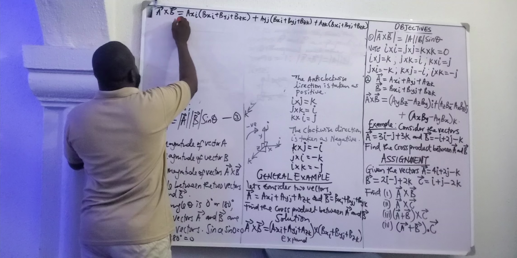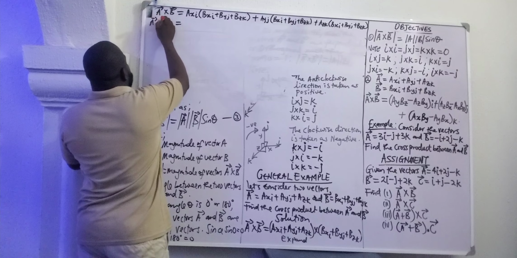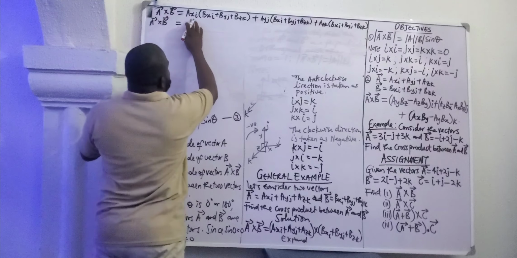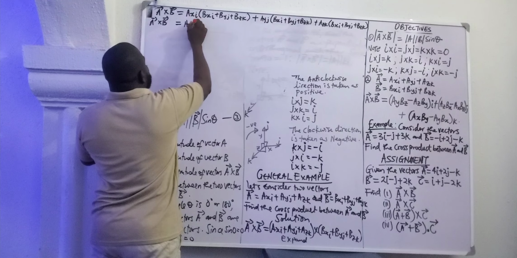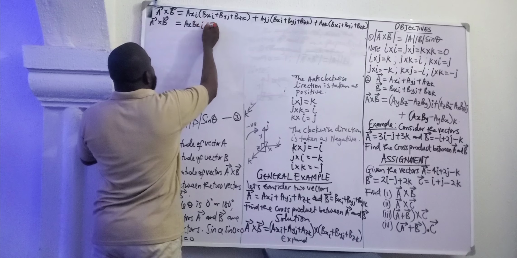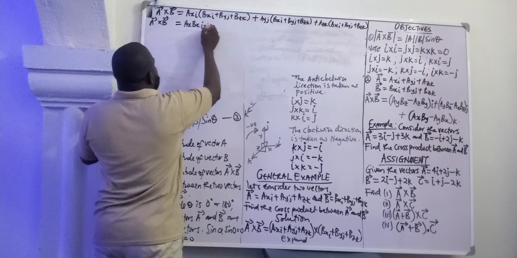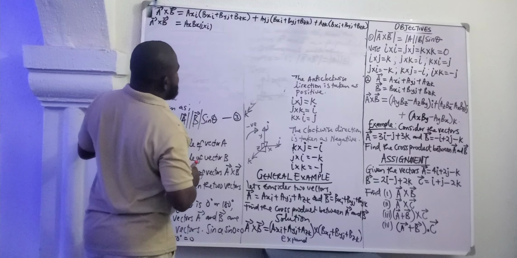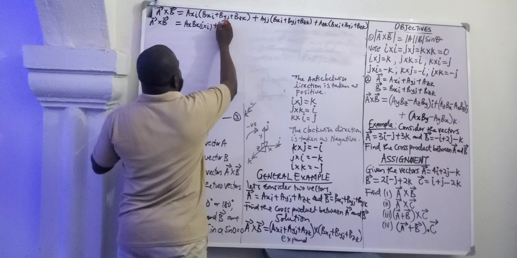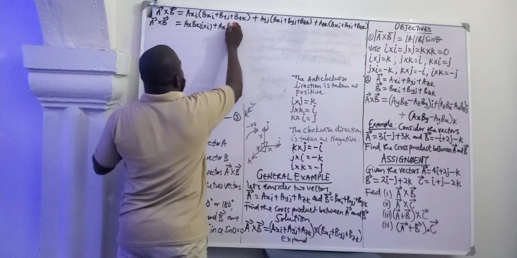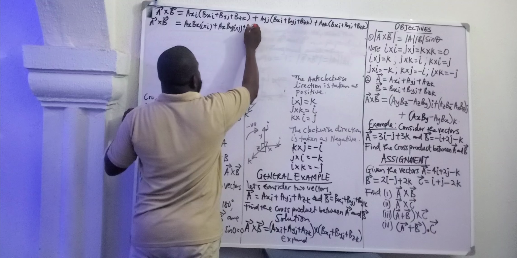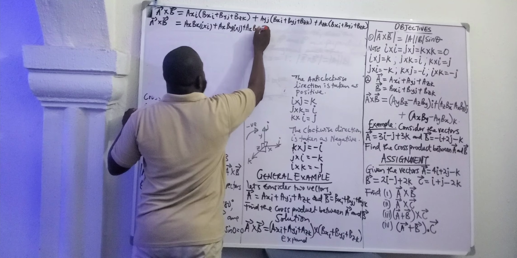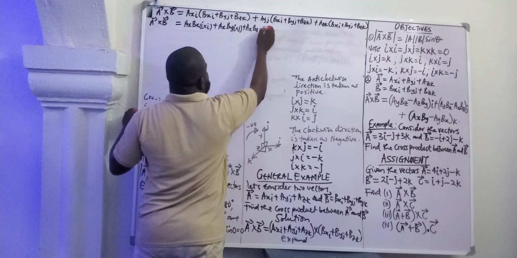This gives us that A cross B equals AX BX i cross i. So the unit vectors will cross each other. Plus AX BY i cross j, plus AX BZ i cross k.